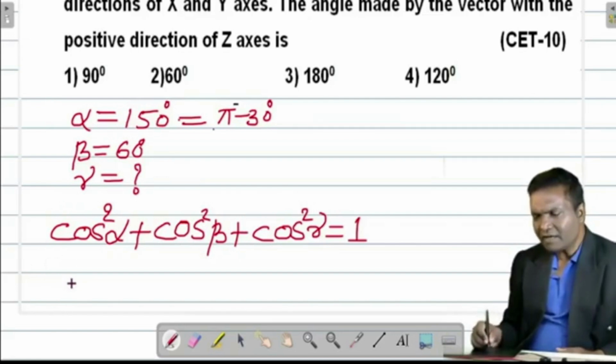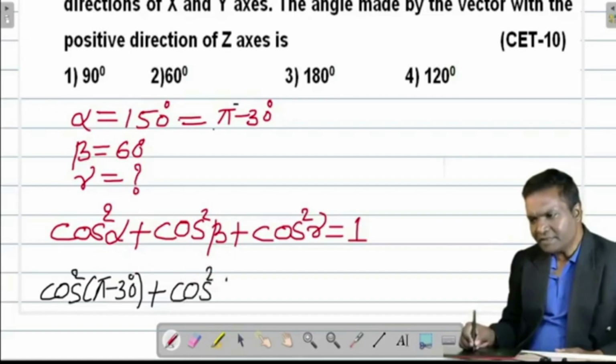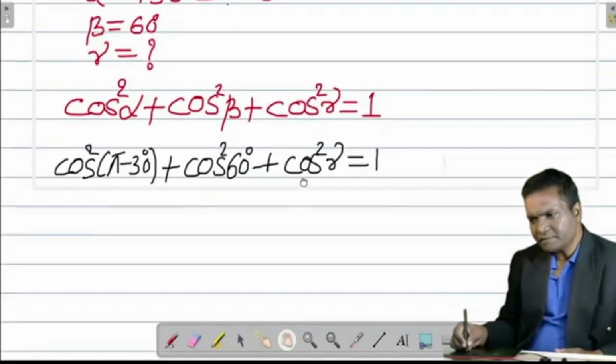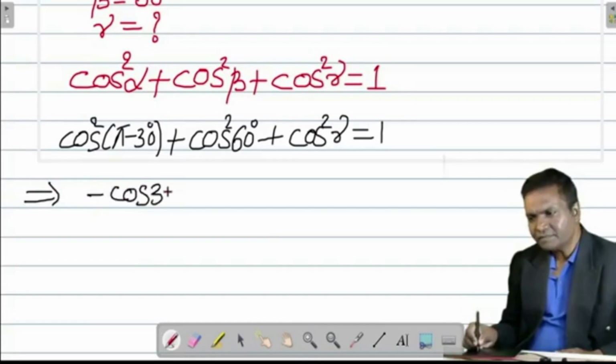So cos square alpha. What is cos alpha? It is pi minus 30 degree. So cos square of pi minus 30, one can write directly. Plus cos square beta is 60 degree and cos square gamma equals 1. Now cos of pi minus 30 is, that is cos of pi minus theta is minus cos theta, and being it square it becomes positive.